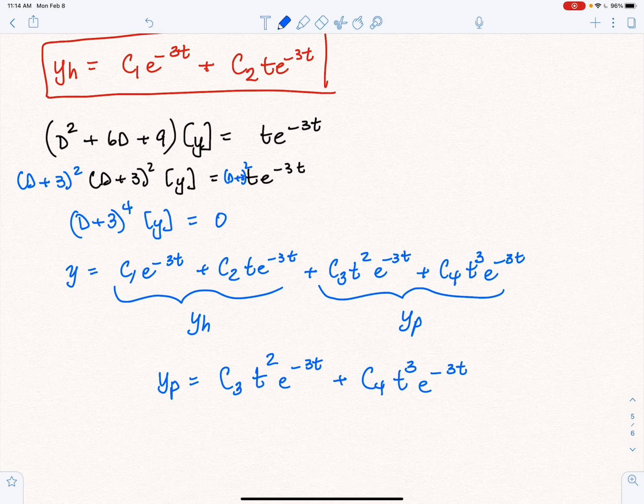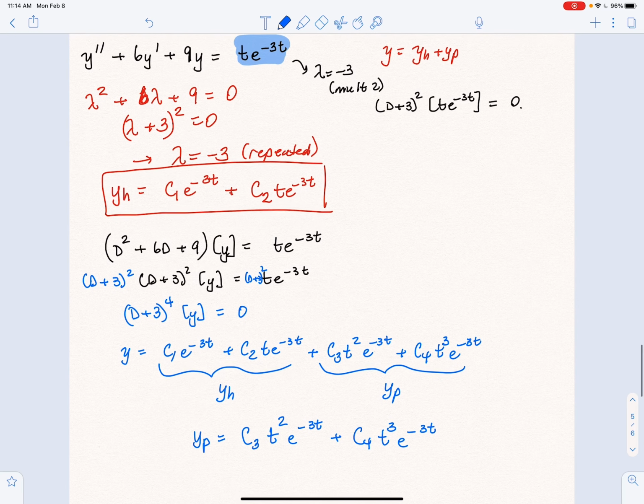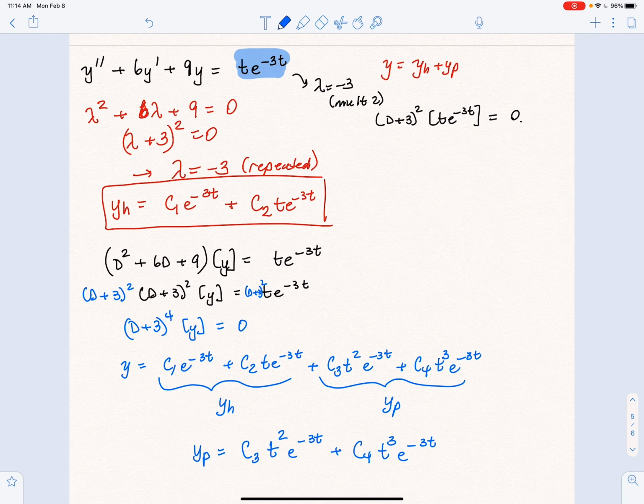So basically, here's the idea of what's going on. Without having to use annihilators, if you want to go right to undetermined coefficients and just do the guesswork for the particular solution, if you come back up here to the original differential equation, looking at this right here.